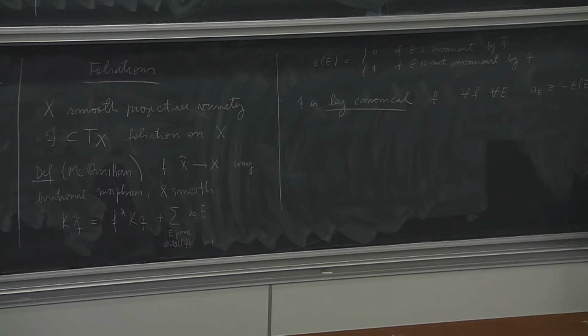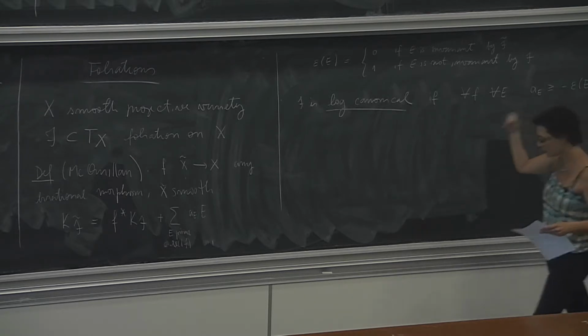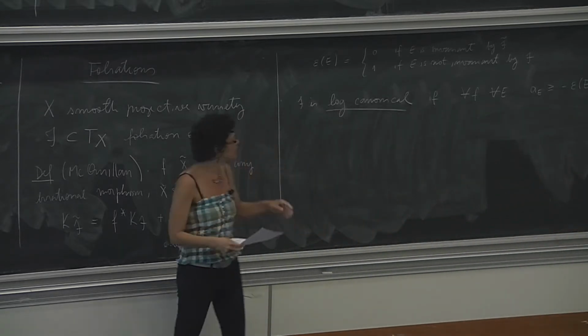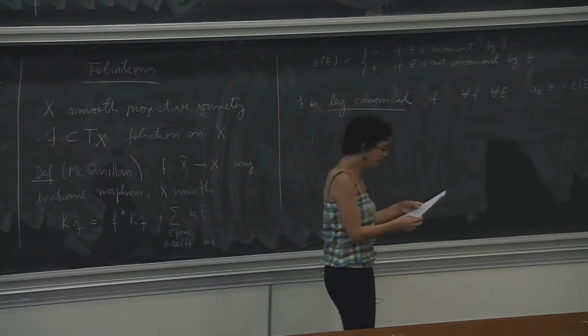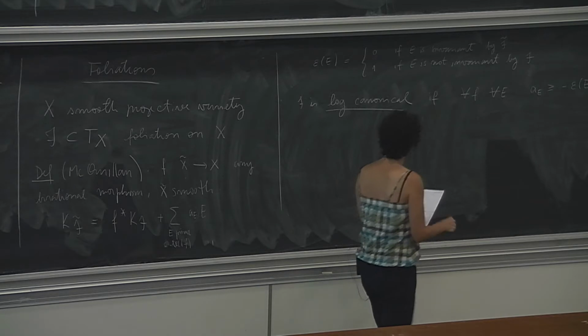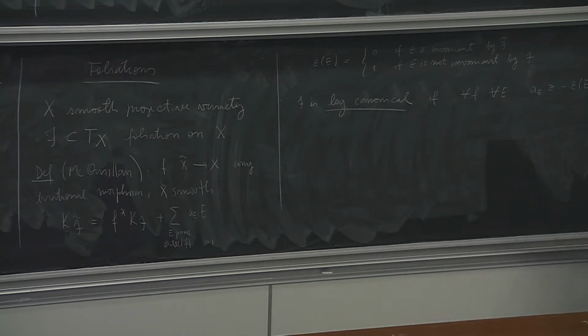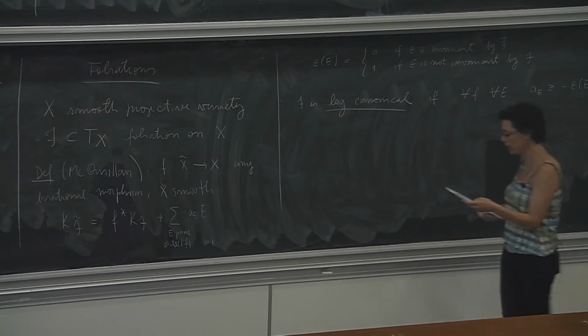So this can look a bit strange, and one has to contemplate this a little bit to see why you require something stronger for invariant divisors. But let me tell you what this means in the very special case of algebraically integrable foliations.